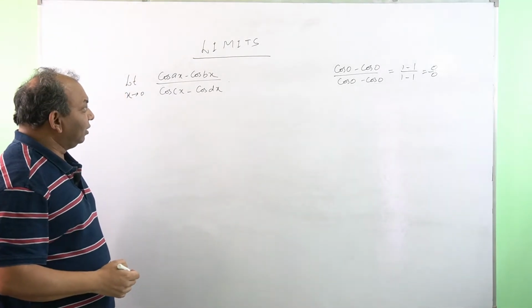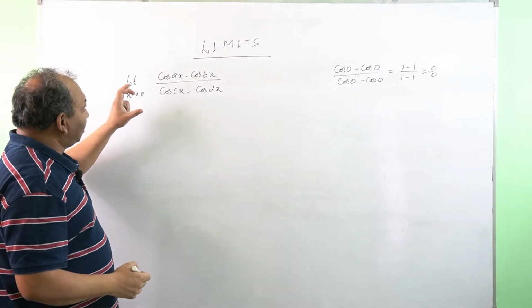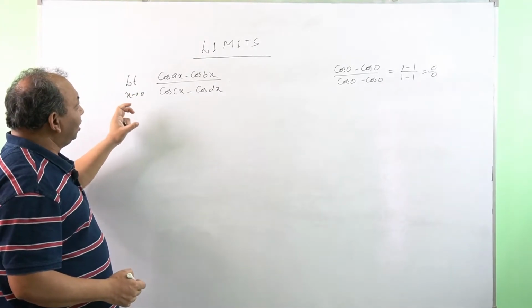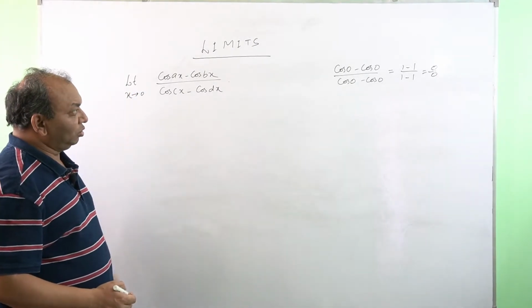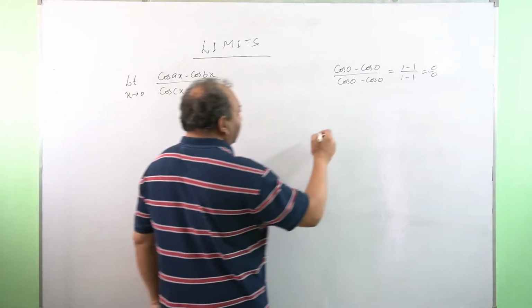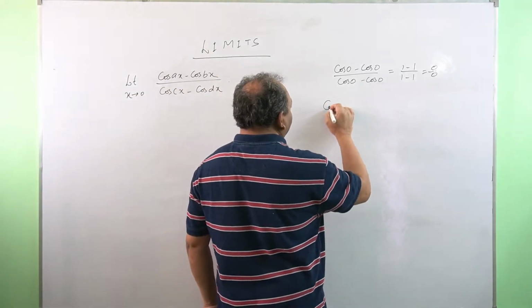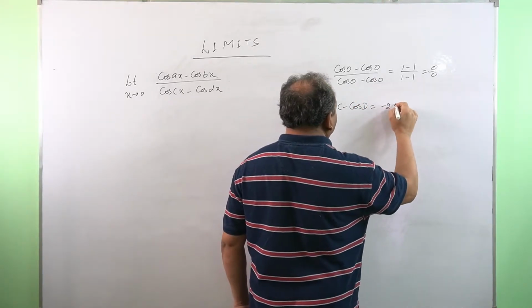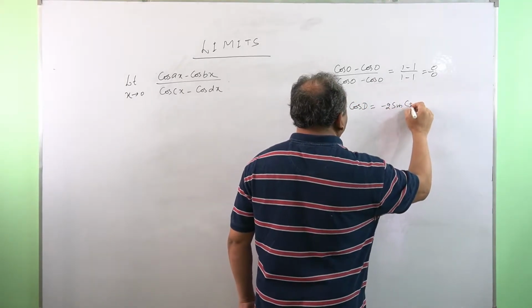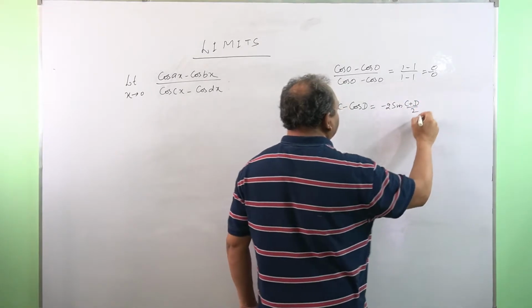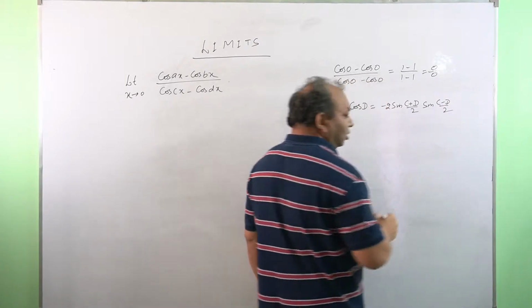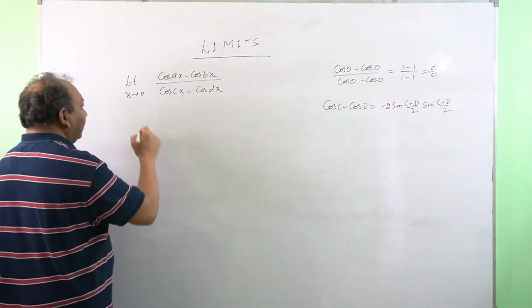So we will solve this by using some useful trigonometrical formula, and eliminate the 0 by 0 form. We know the formula cos c minus cos d is equal to minus 2 sine of (c plus d) by 2 into sine of (c minus d) by 2. So use this formula here.